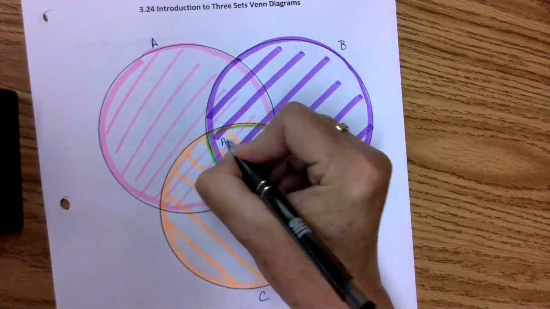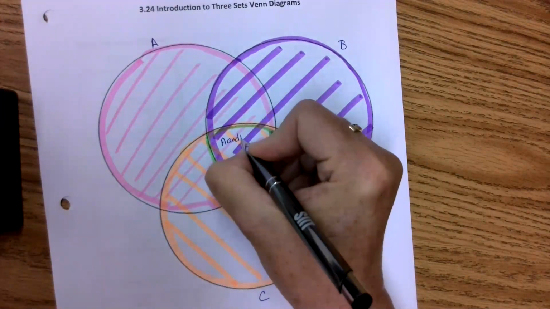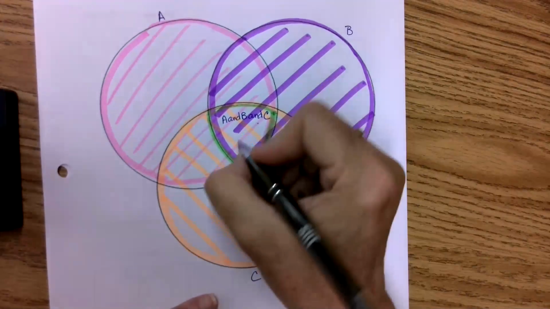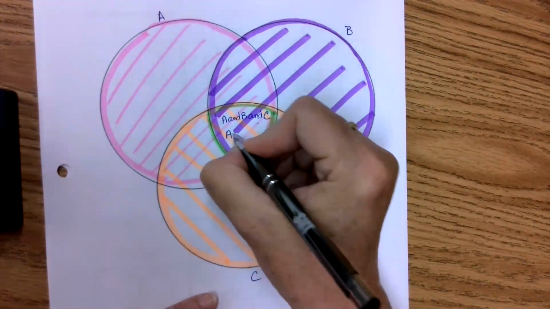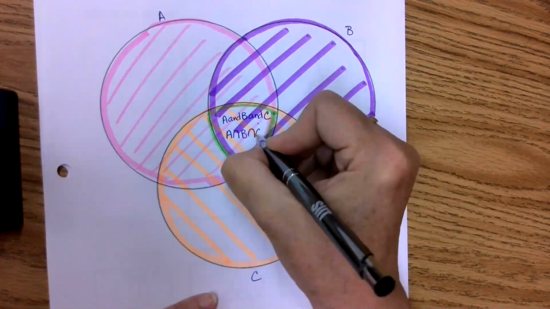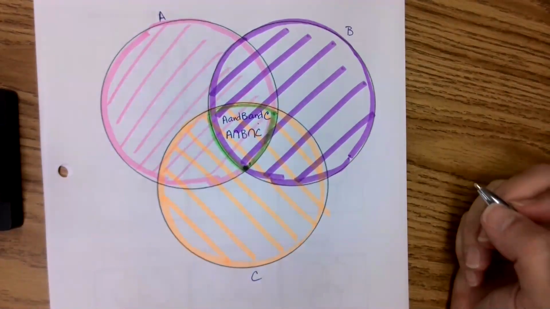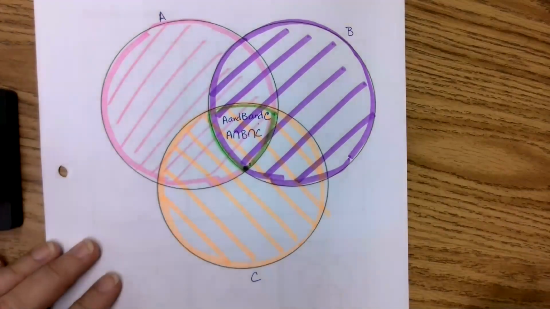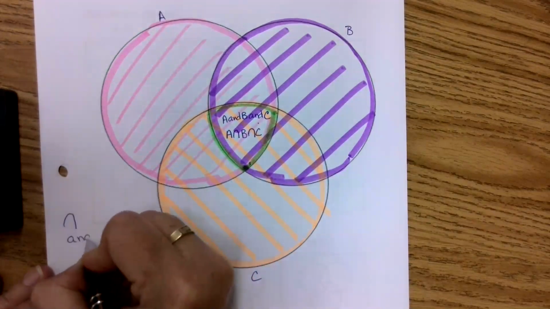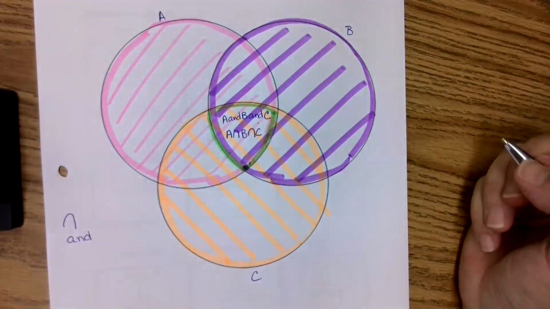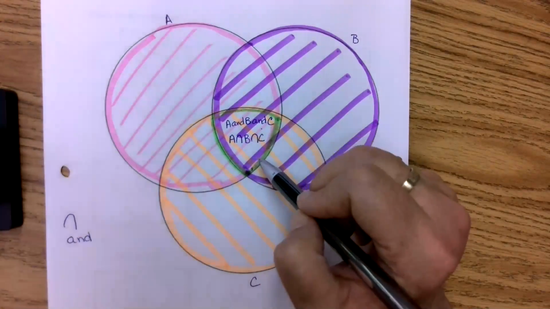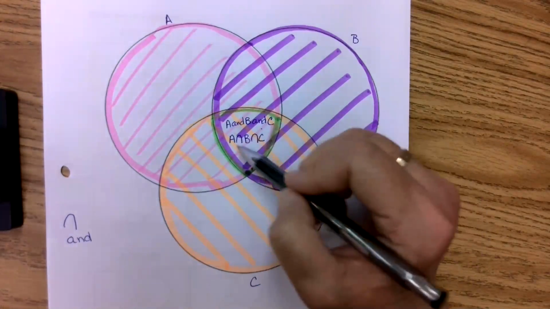So this is A and B and C. And mathy wise, A intersection B intersection C. Because remember, intersection is and. So in the middle part, that's the intersection of all 3.